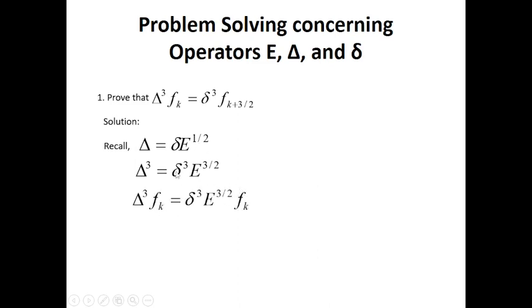And then, maglagay tayo ng f sub k, magkabilang both sides, no? And then, so itong e to the power of 3 over 2 f sub k, magiging f sub k plus 3 halves siya, no? By formula, no?